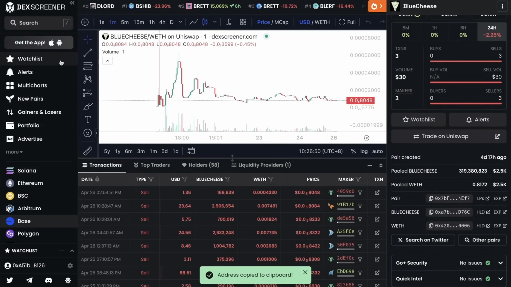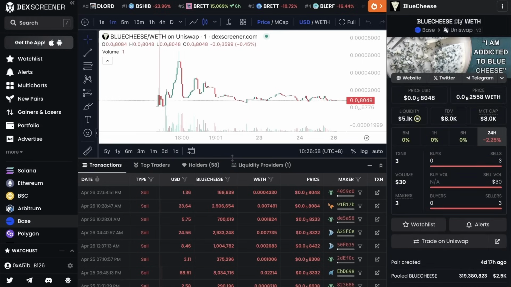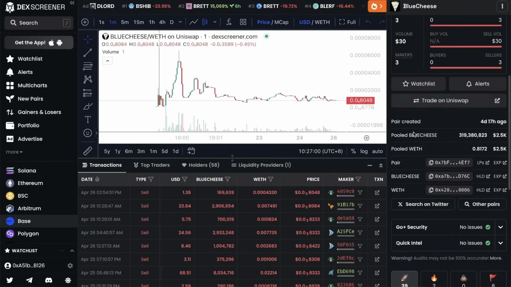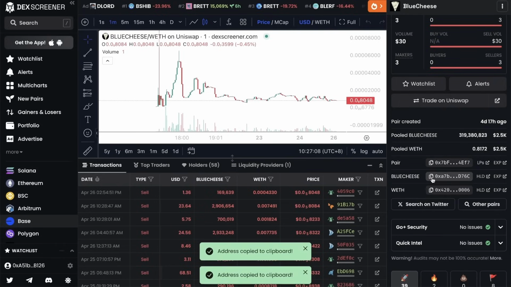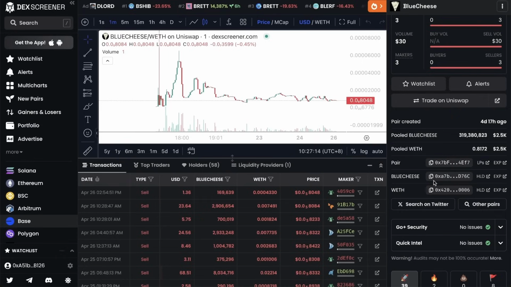So we will check later on how to find the gems on DexScreener and other ways. But I just want to let you know here you can scroll down and where you see the name of the ticker, this address is the contract address. This is the most important thing. When you buy something in crypto, you always want to be sure that you have the right contract address.